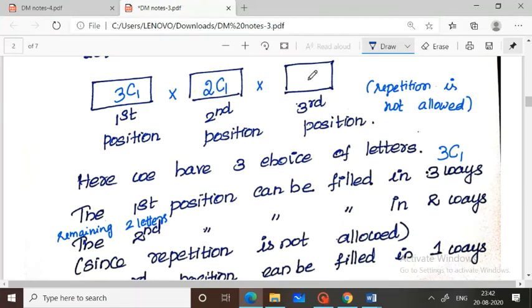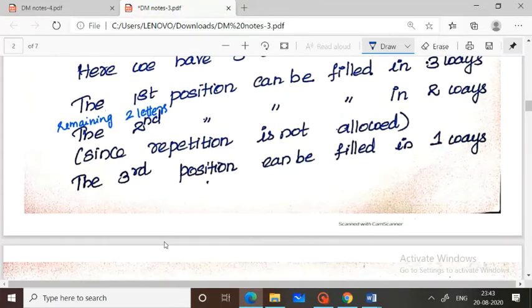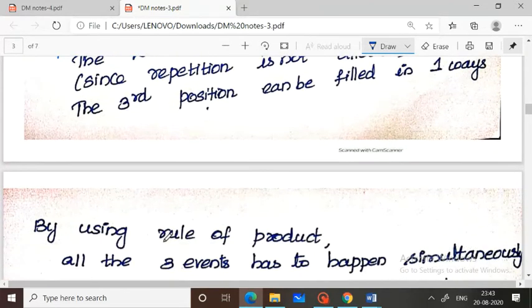Now at last you are left with one, because the letter I took in the first position is not repeated in the second also. Now when I come to the third position, the first letter and second letter cannot be used to fill the third position. So I am left with only one letter, only one option. Therefore, since repetition is not allowed here, the third position can be filled in one way.